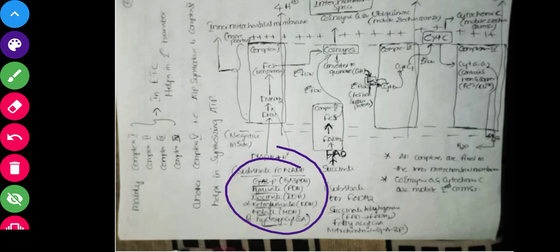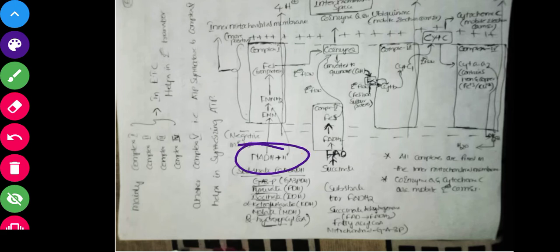We have already seen in glycolysis and the Krebs cycle that a number of enzymes are involved in forming NADH. A few of them are glyceraldehyde 3-phosphate dehydrogenase, where NADH is formed, and alpha-ketoglutarate dehydrogenase, where NADH forms. There are many more. Even the pyruvate dehydrogenase complex also forms NADH.